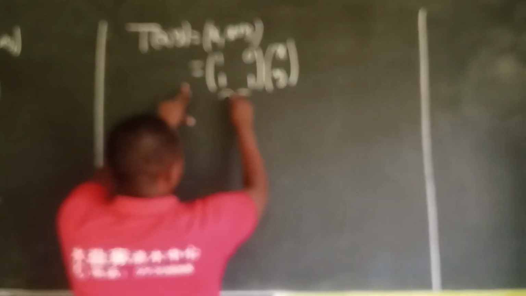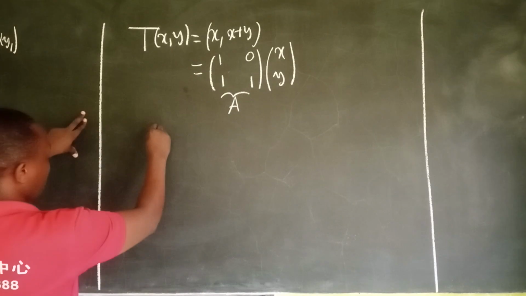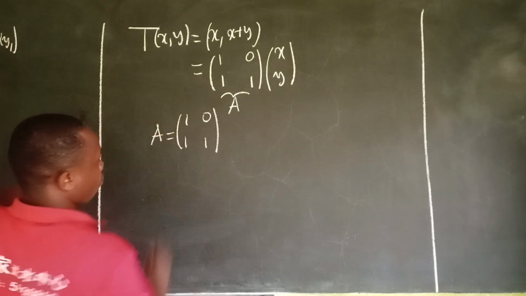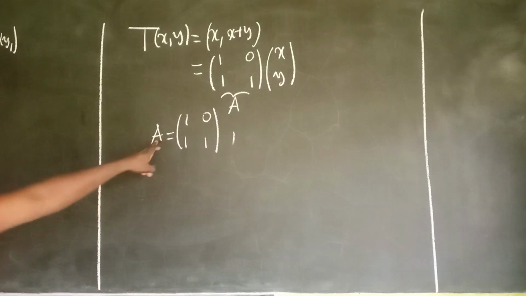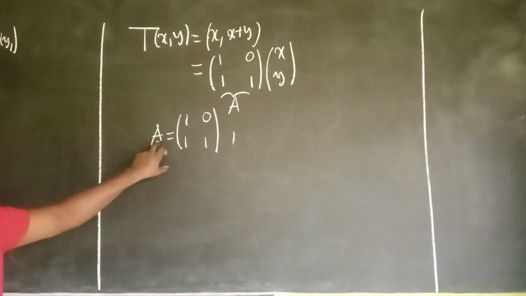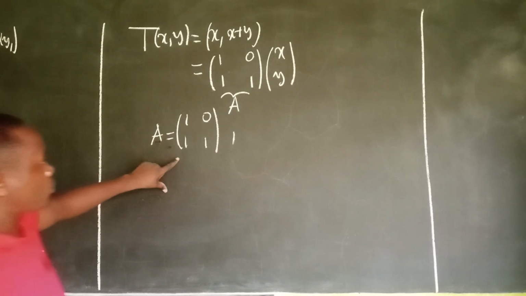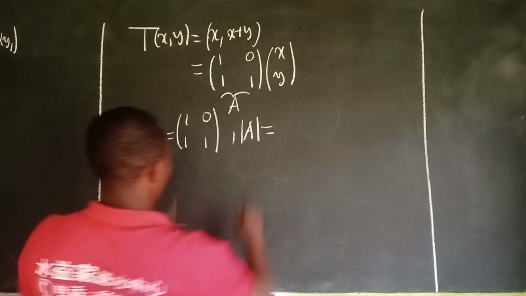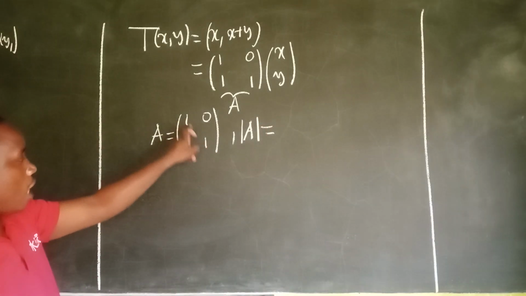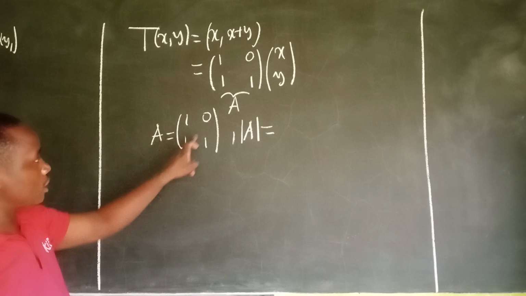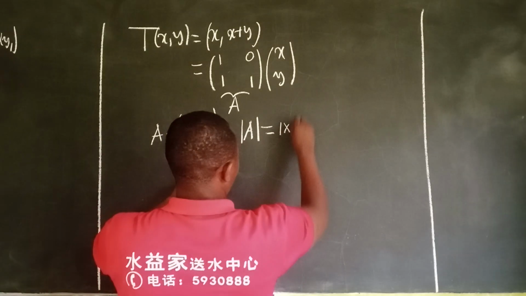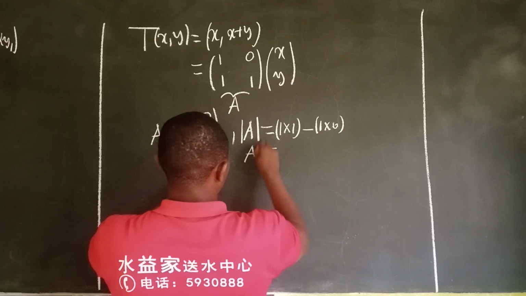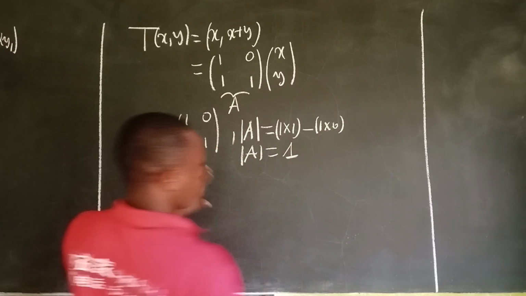Let this be a matrix A. Matrix A is equal to [1 0; 1 1]. To find the inverse of this matrix A, we need to find its determinant. This is 1 times 1 minus 1 times 0, and the determinant here is 1.